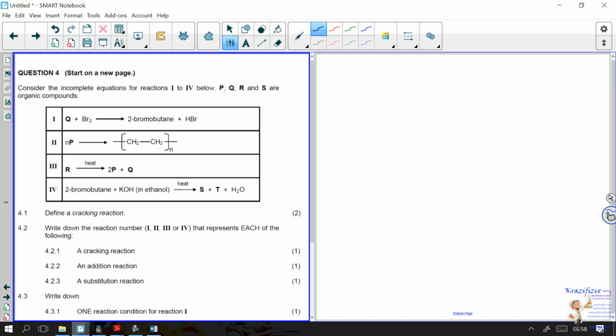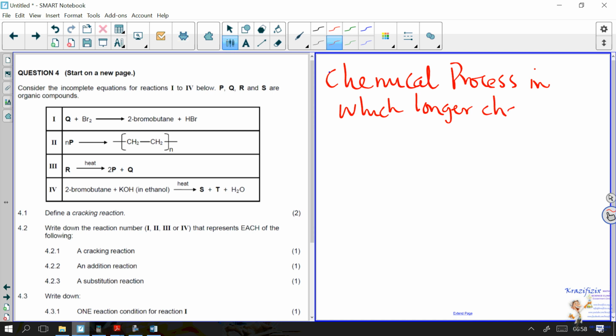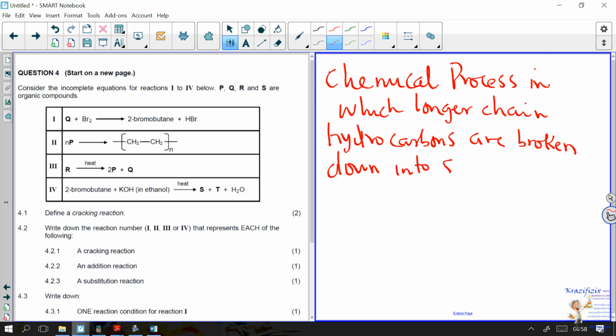Number 1, the word crack means to break down, so that must stay at the back of your mind. Cracking is a chemical process in which longer chain hydrocarbons, this is where the key is, longer chain hydrocarbons are broken down, cracked, into what?